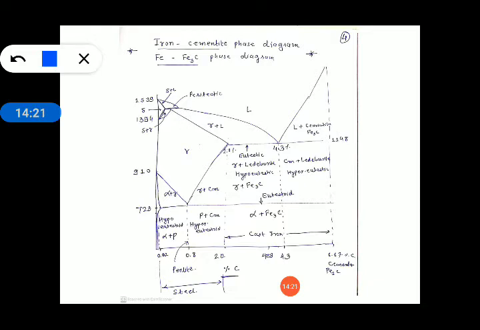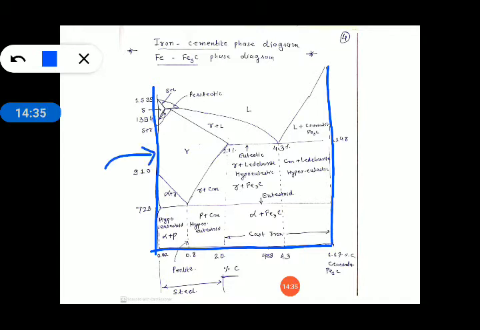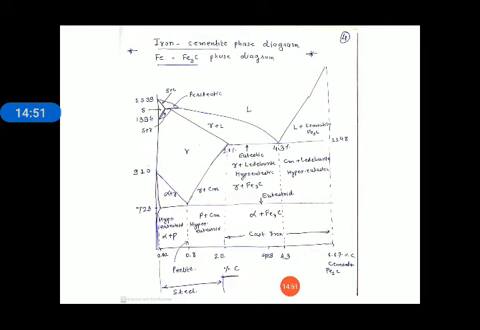On the vertical axis is temperature, and on the horizontal axis is the percentage of carbon, which increases from 0% to 6.67%.